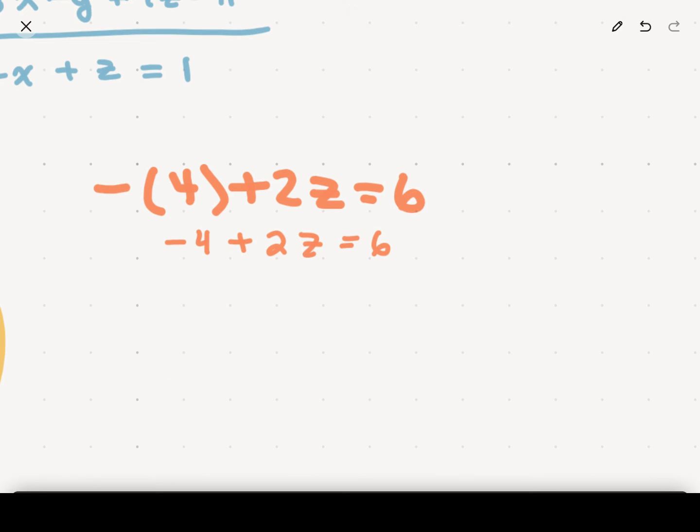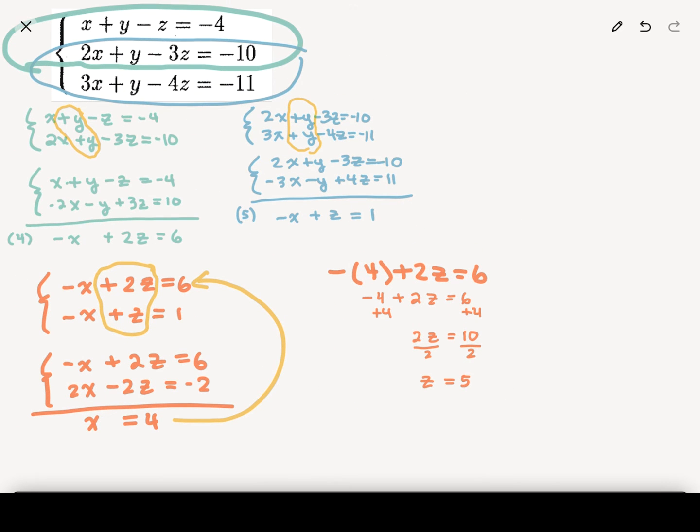I will add 4 to both sides. That gives me 2z equals 10. Divide both sides by 2. I now have z equals 5. So now I have two answers: x equals 4 and z equals 5.